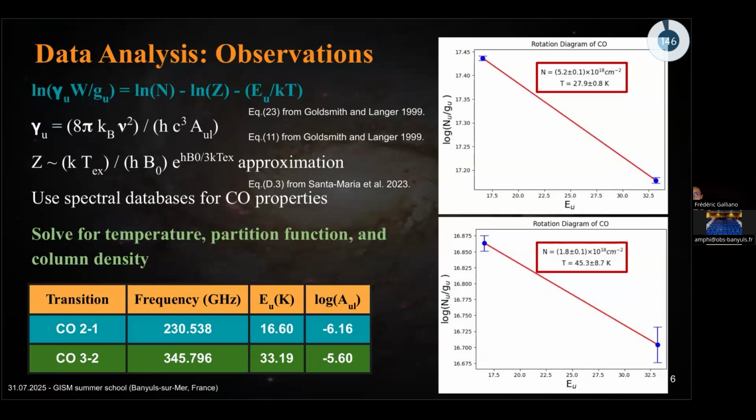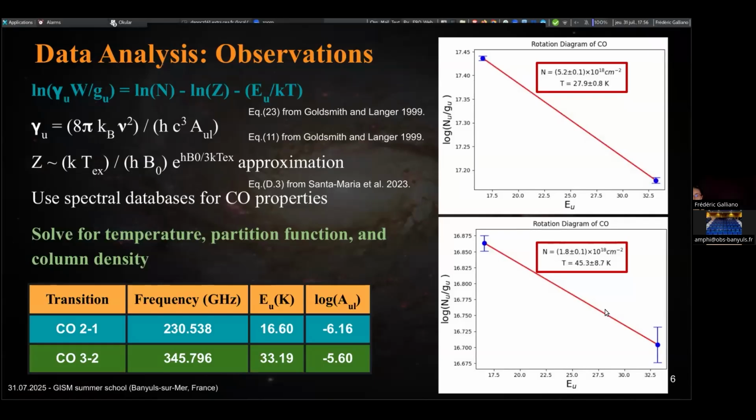At the first step, we used this W parameter, that is the line integral, and approximated this equation as if it was a linear equation.